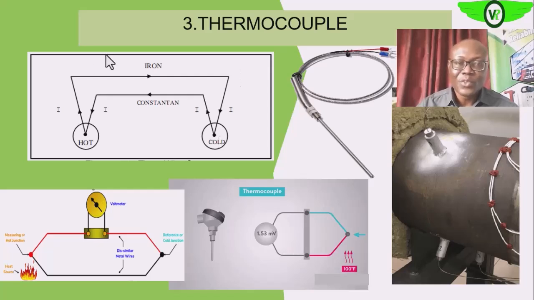Which means that one end of it, which is the reference point, is the cold end, and the other end is the hot end. That is the side that you subject to the temperature that you want, which means this part will be in contact with your process and this part will be out of your process. So this is what we are seeing here.